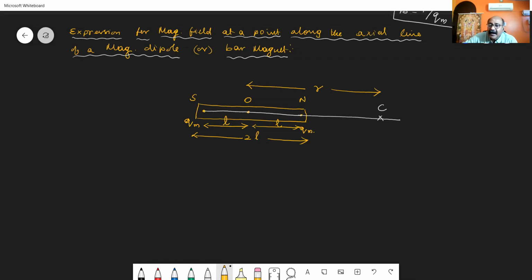Now you see, the point C will be experiencing two magnetic fields, one due to the south pole and another one due to the north pole.